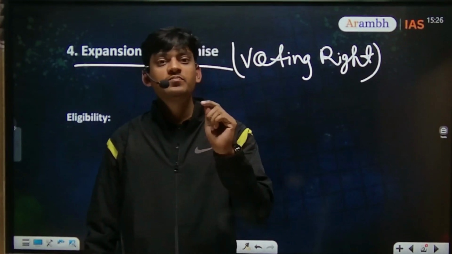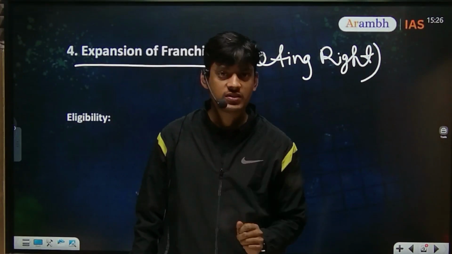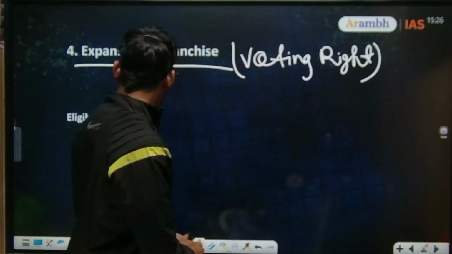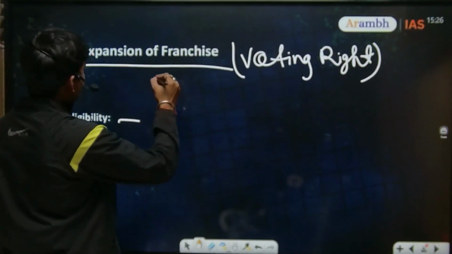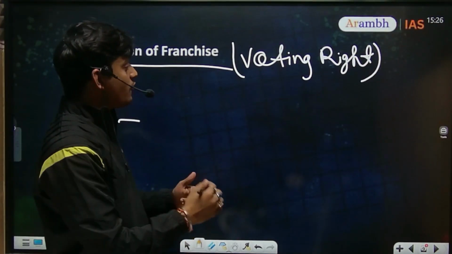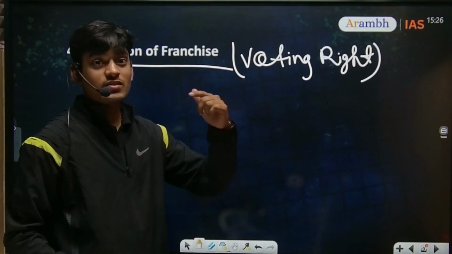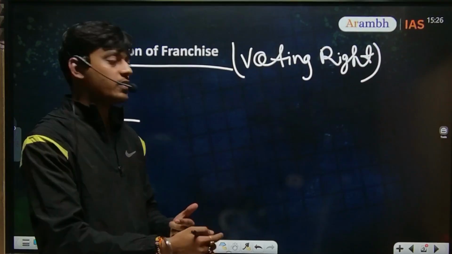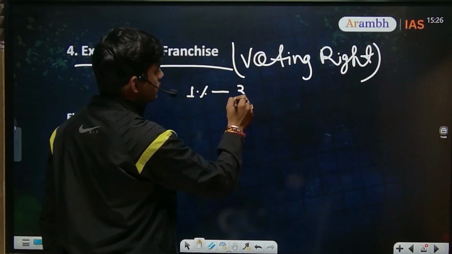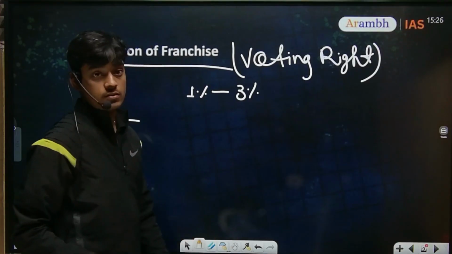The act increased it to about 3%. Still small, but progress. Now understand, before this it was 1%. Understood? Now after the 1919 Act, it was increased to about 3%. 1% to 3% increased. Okay.